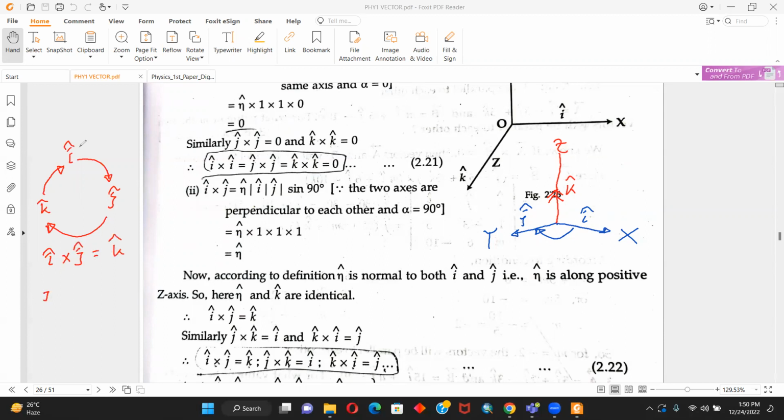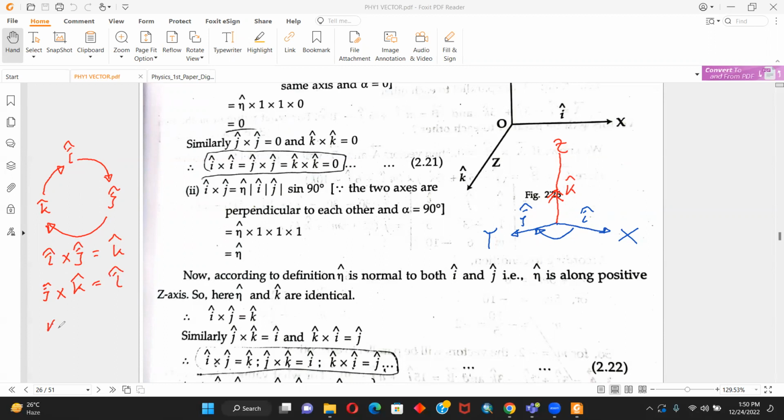Then j cross k, because you have to go anti-clockwise in this direction. If you change the direction, there will be a negative sign. Why? Because the direction of the unit vector will change from upwards to downwards or from downwards to upwards.